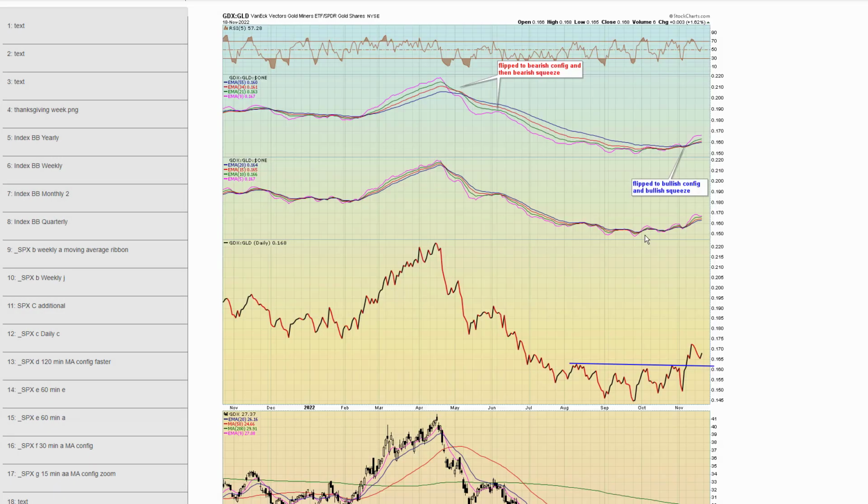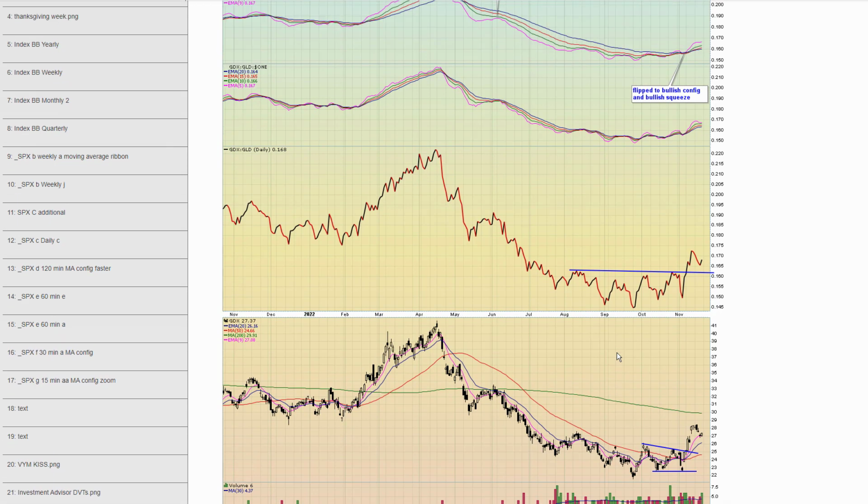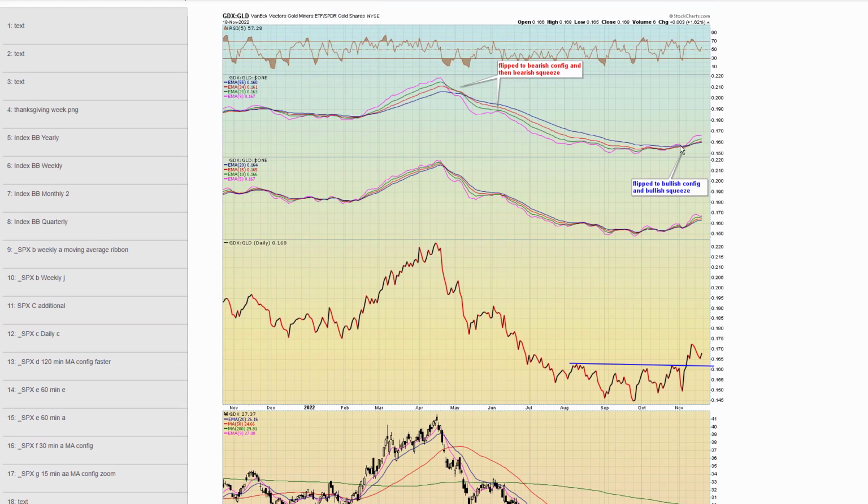Next, chart 74. Here's the GDX GLD ratio. So one positive here, and this is the chart I've been showing, is the ratio here. Your moving average ribbon had flipped to a bullish stacking here in late October, pinched and has rallied up. This is a good sign ultimately, the fact that this ratio is bullishly stacked now.